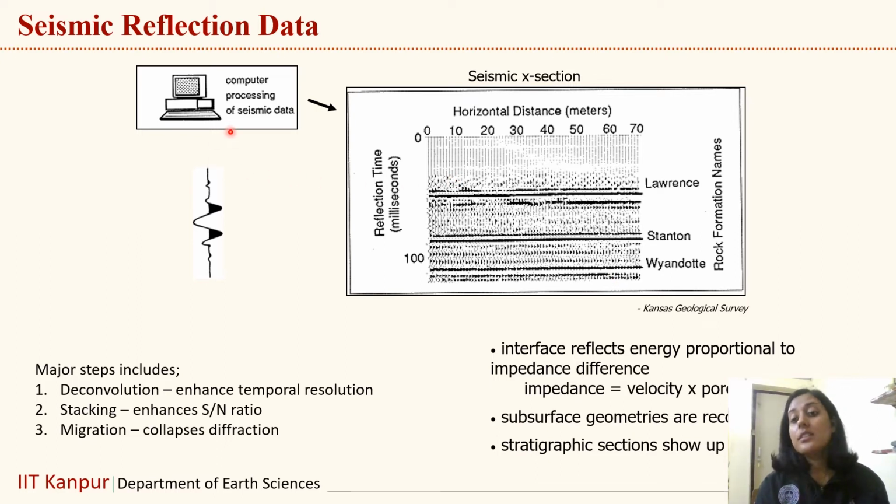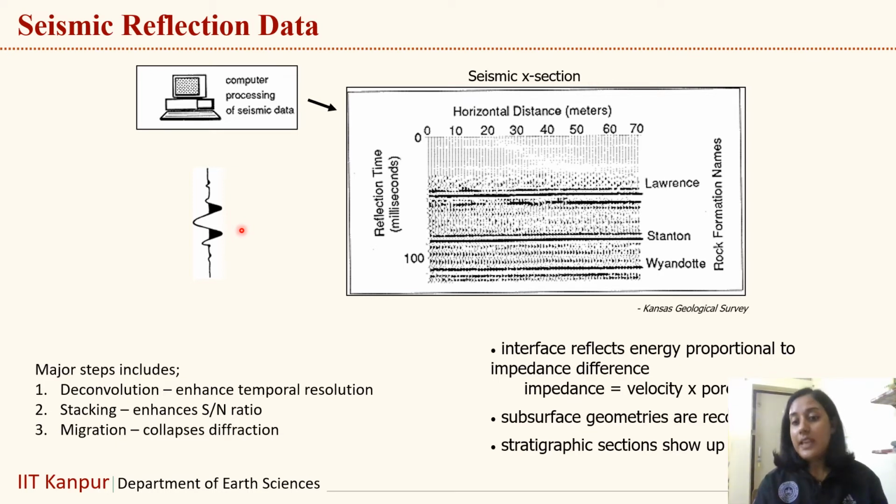But before getting to the processed section, we need to do the processing, and there are three major steps that we need to perform. First is deconvolution, which enhances the temporal resolution by suppressing the noise in the seismic wavelet, or the reverberation that you can see here, and makes it a spike.